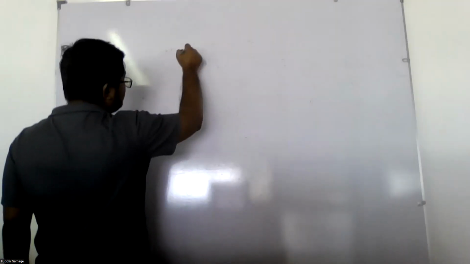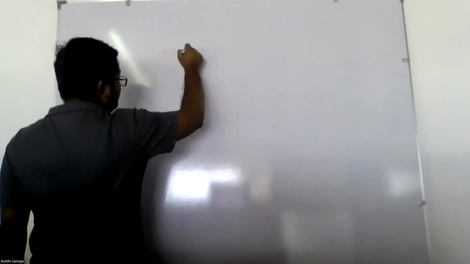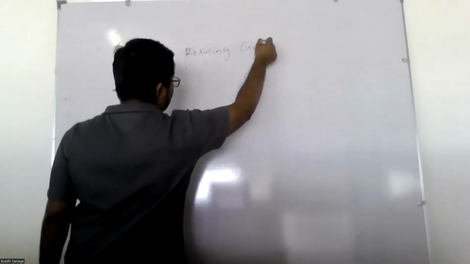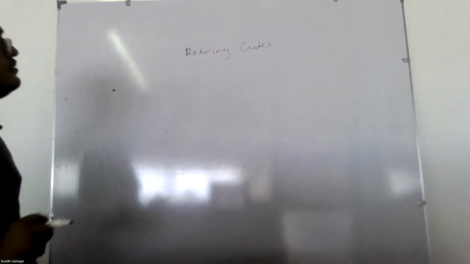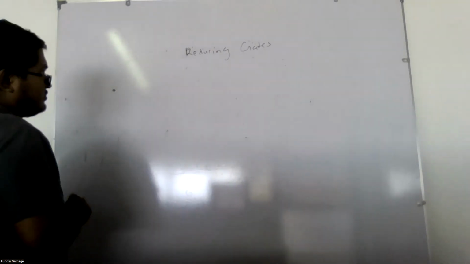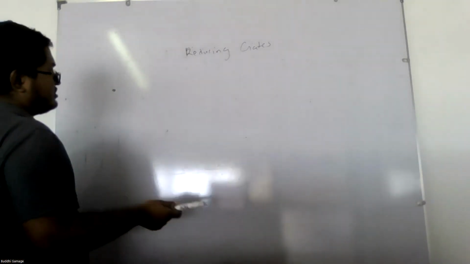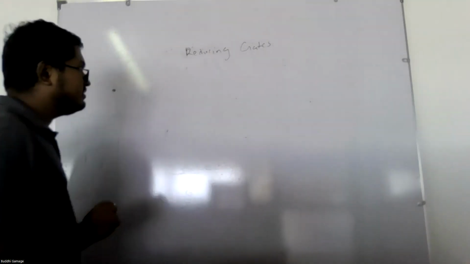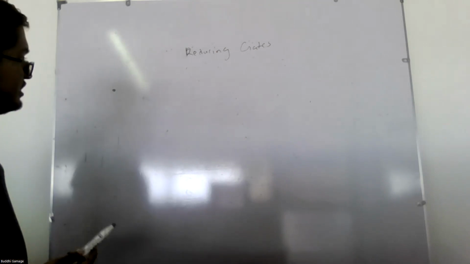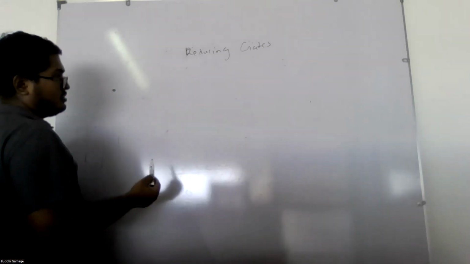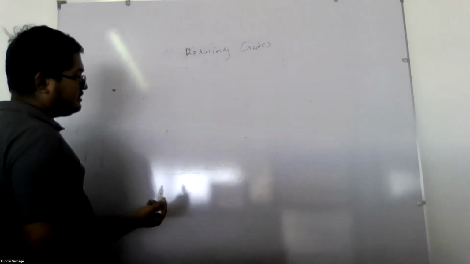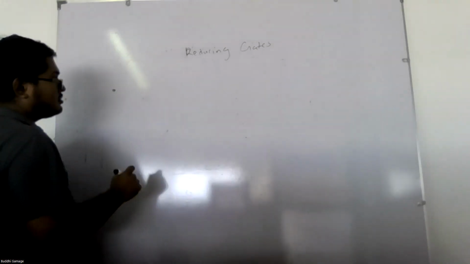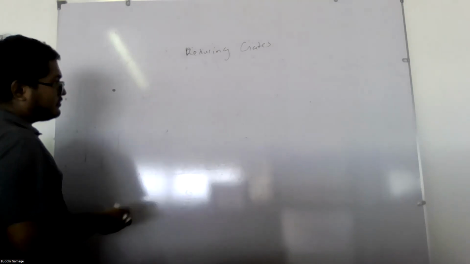So our next topic is reducing gates. It can be done by using logic algebra, and you can simply draw gates. Let's consider how to draw with a smaller number of gates.